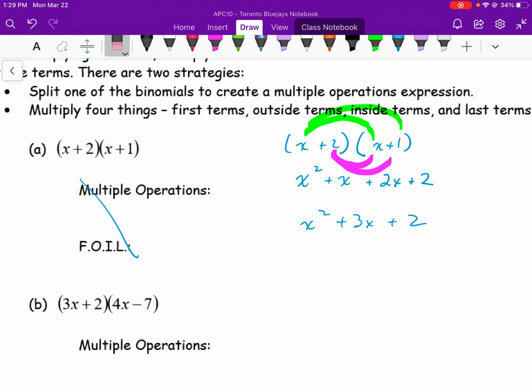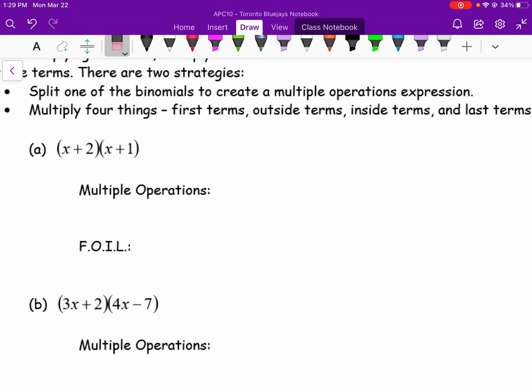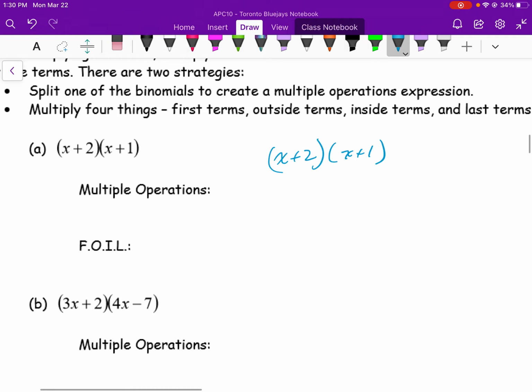Another way that we're trying to look at it here, and you can also do it this way. You can say, I have x plus 2, and I need to multiply it by x plus 1. What I could do is split this up, so it looks like this: x times x plus 1, and then plus 2 times x plus 1.